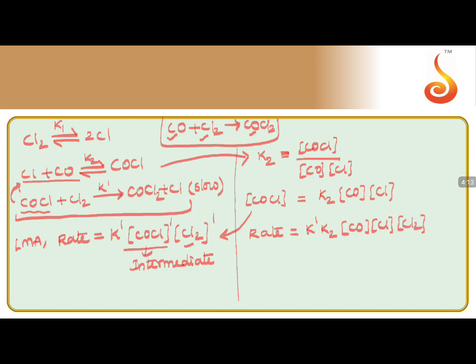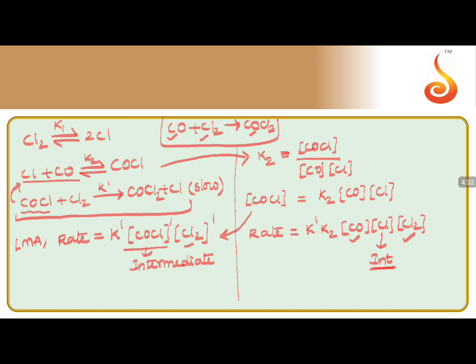Again compare the terms. Cl2 is a term of the overall reaction, CO is a term of the overall reaction, but again Cl is not a part of the overall reaction, so this becomes your intermediate. To avoid this intermediate, again we need to go to the previous step.